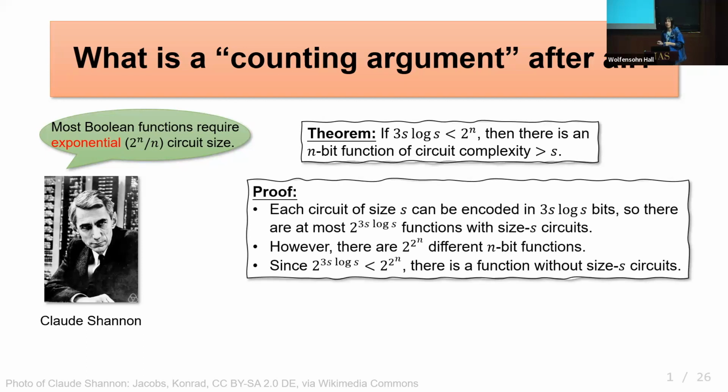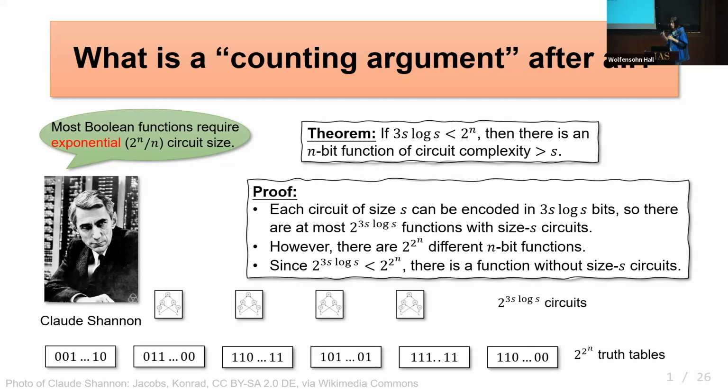If the number of small circuits is less than the number of n-bit functions, then since every circuit corresponds to only one function, there has to be some function that doesn't correspond to any small circuit. The picture is like this. You list all the small circuits, you list all the truth tables. Each small circuit maps to only one truth table, and so there has to be some truth table that's not mapped by any small circuit.